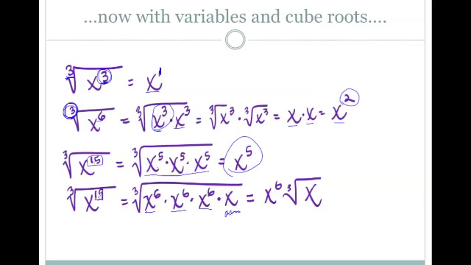Now, 19 is not divisible by 3, so when I do that, I get 19 divided by 3 is 6, remainder 1. But notice in my answer, I was able to get 3 complete groups of x to the 6th with the 1 left over that stayed inside the radicand.